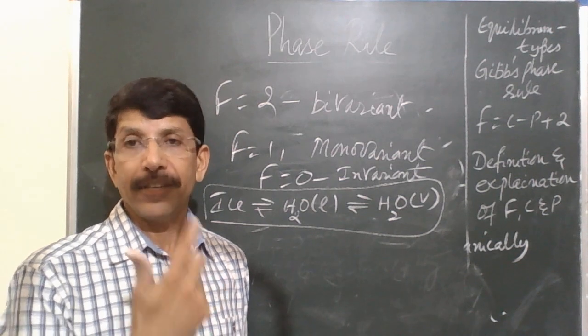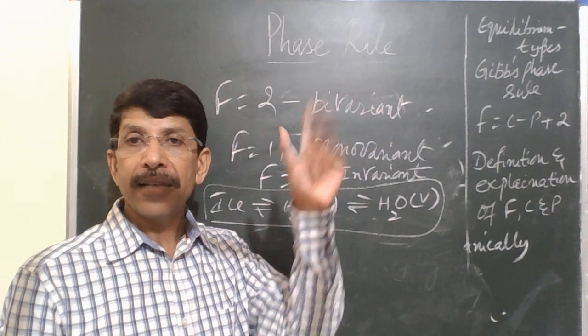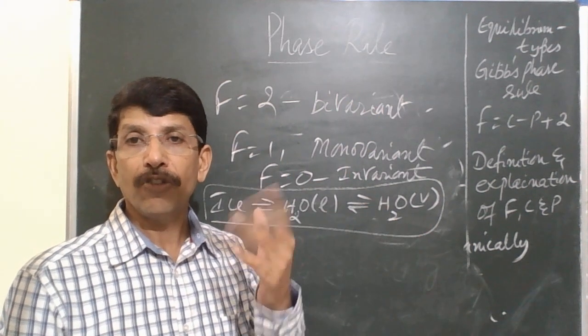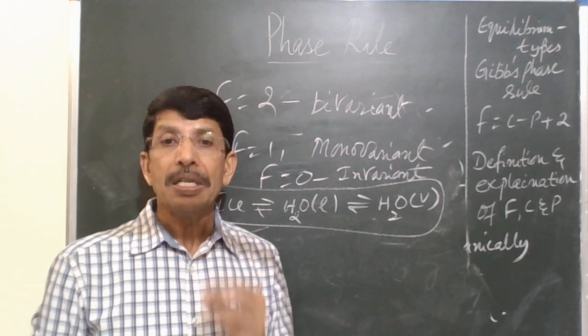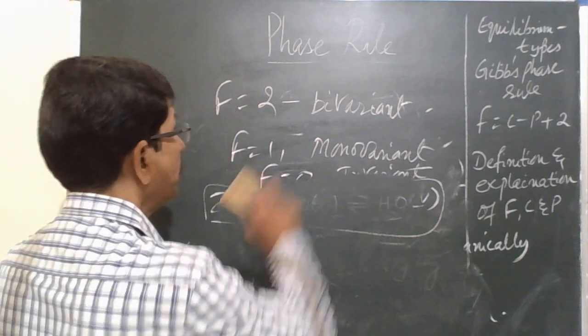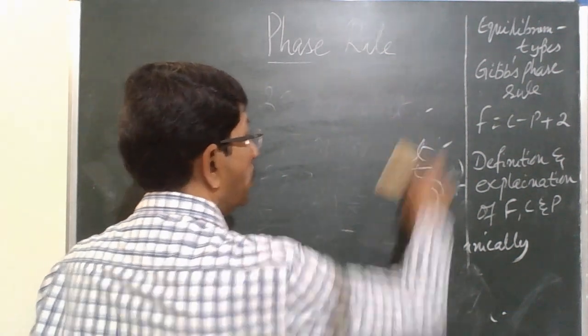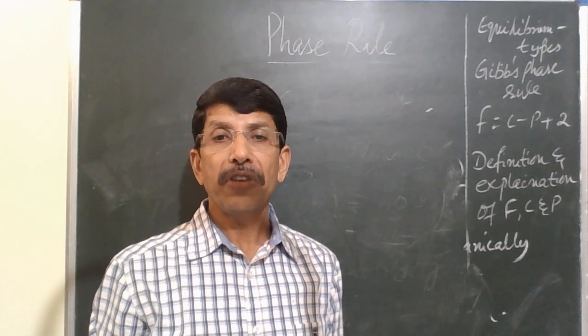So I need not say anything. If I say this equilibrium, immediately I say that pressure is 4.58 millimeters of mercury and temperature is 0.0075 degrees Celsius. So this is an example of a system for which F is 0, and when F is 0, it's called an invariant or non-variant system.